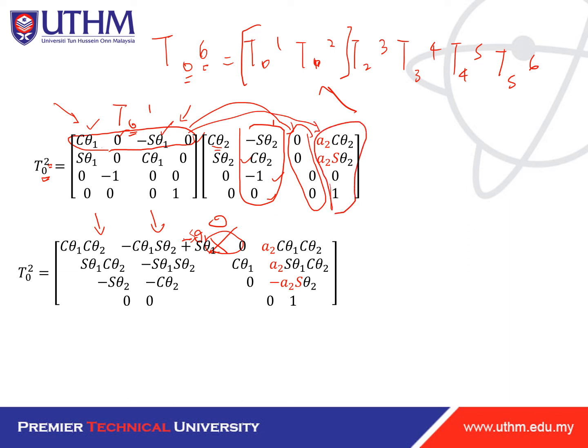Okay, so cos theta 1 with a2 cos theta 2, so we will have this one here, and 0 with a2 sine theta 2 becomes 0. So what we will have here is just this one here.